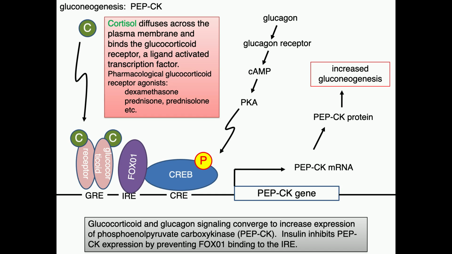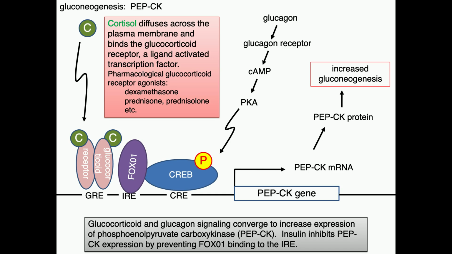Okay, so normally we think of a receptor being at the plasma membrane of a cell, at the interface of the cell and its external environment, and you bind glucagon, for example, and you transduce a signal to inside the cell. With these steroid hormones, they function a little bit different. The hormone itself actually diffuses across the plasma membrane. It's lipid soluble enough that it can do that.